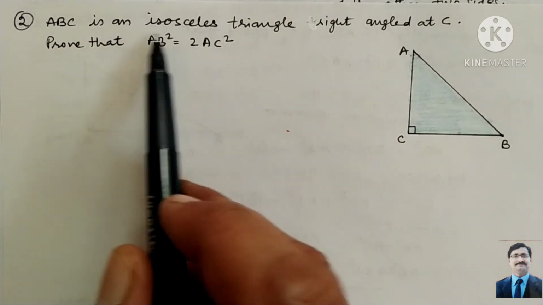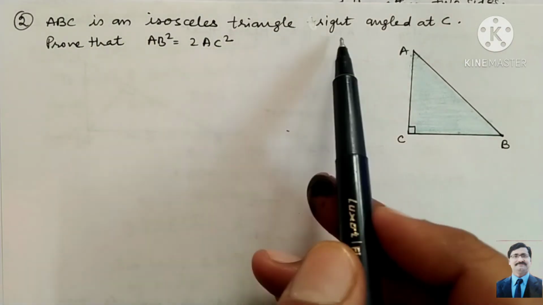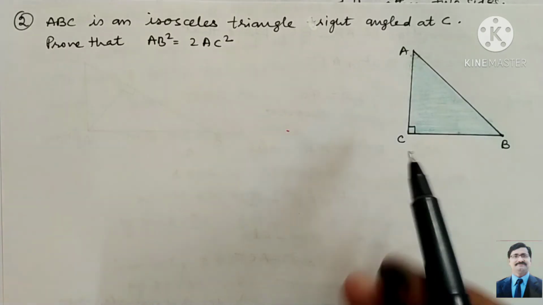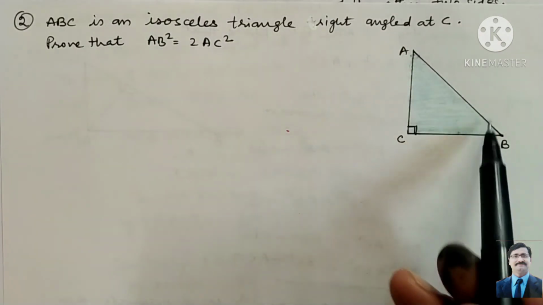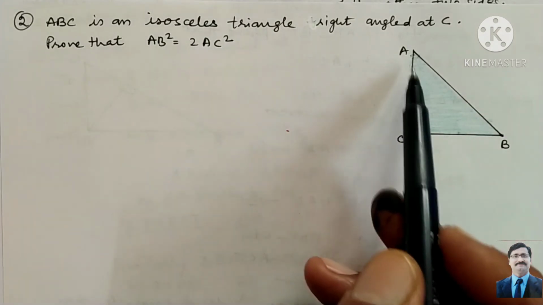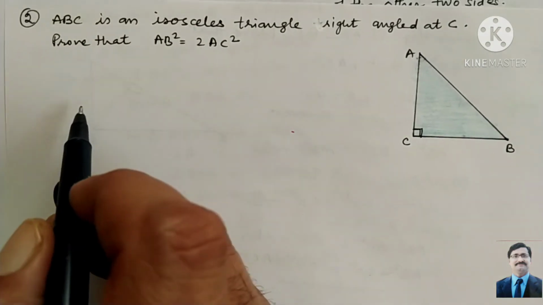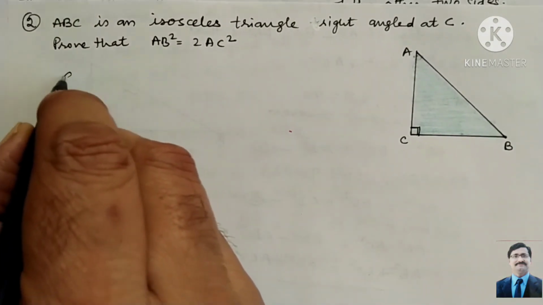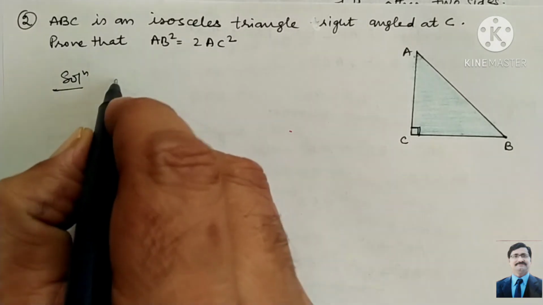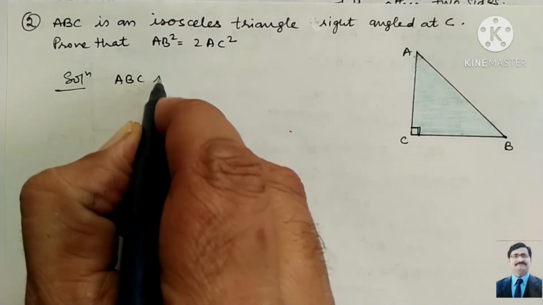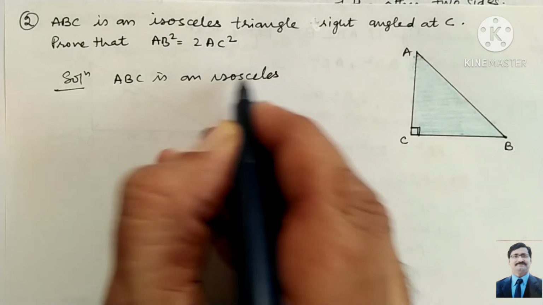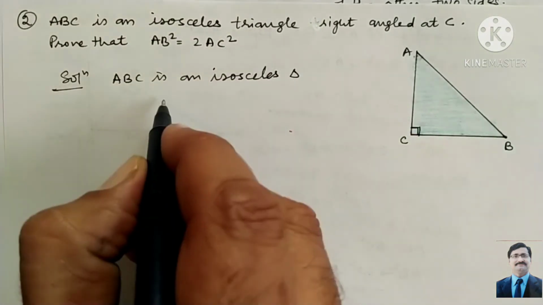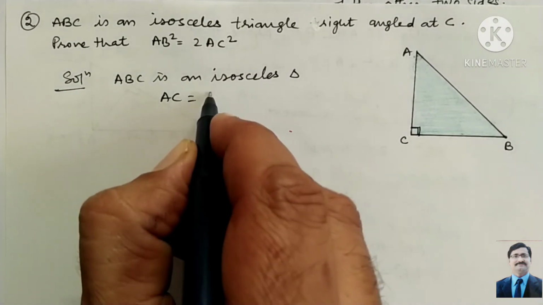ABC is an isosceles triangle, right angle at C. Prove that AB square equals 2AC square. Look here, it is given, we can write in solution: it is given ABC is an isosceles triangle, and isosceles means AC equal to CB.